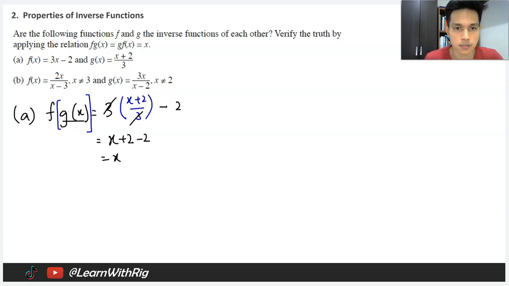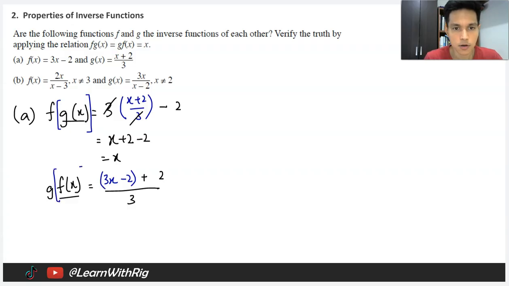Let's look at the second, g(f(x)). Do I also get x? First thing you want to know, substitute f(x) as the object of g(x). So g(x) is (x plus 2) over 3. But you cannot use x. You have to put in the value of f(x), which is 3x minus 2. Why?